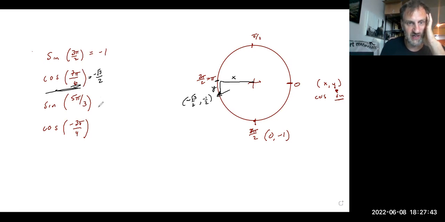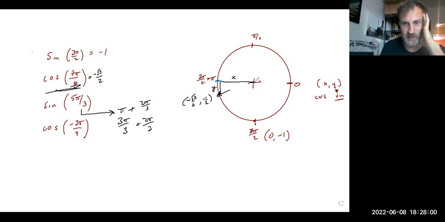So 5 pi thirds, again, I'm going to split that into pi and 2 pi thirds, thinking about pi as 3 pi thirds. So that's going to be pi, and let me change my color here. So I was at pi, now I'm going 2 pi thirds, so I'm down here. No, that's another pi third, then another pi third takes me over here.